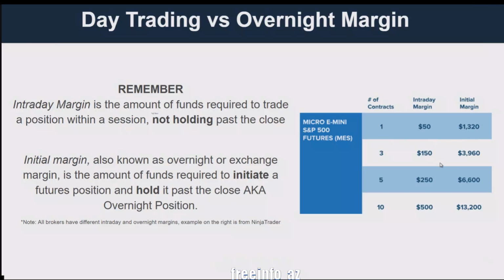Throughout the day, let's say you have more money in your account, you can start risking more. This is a nice infographic for you to follow along, especially if you're trading S&P and micro S&P futures. Initial margin, also known as overnight or exchange margin, is the amount of funds required to initiate a futures position and hold it past the close, aka, again, the overnight position.